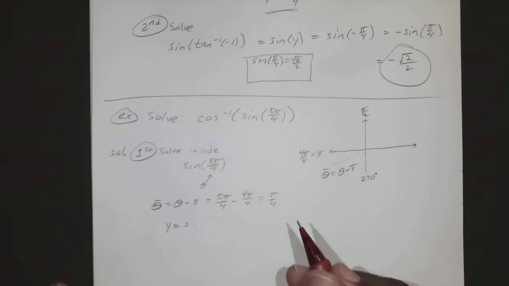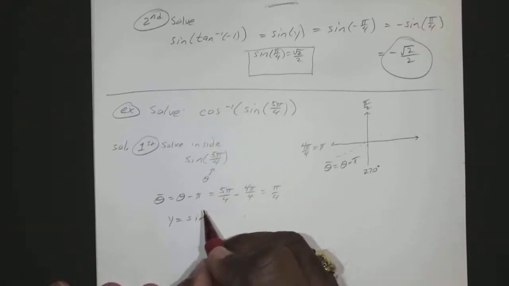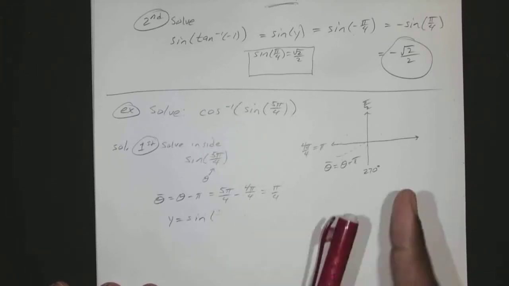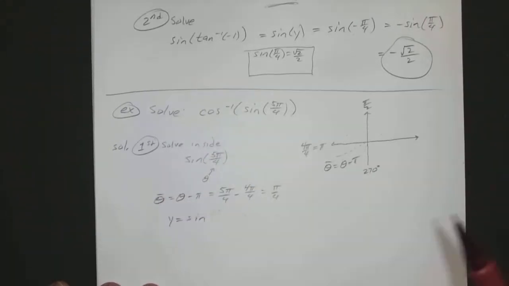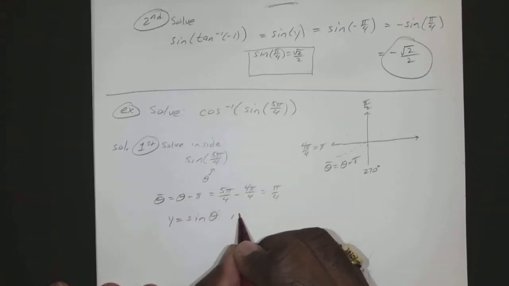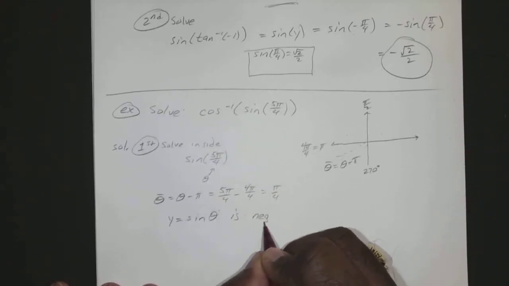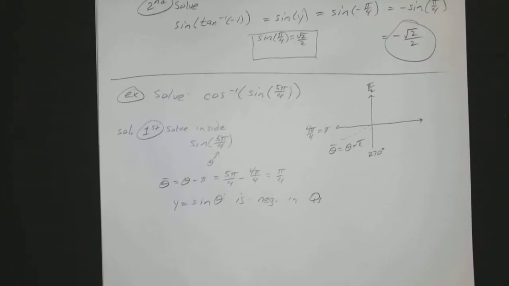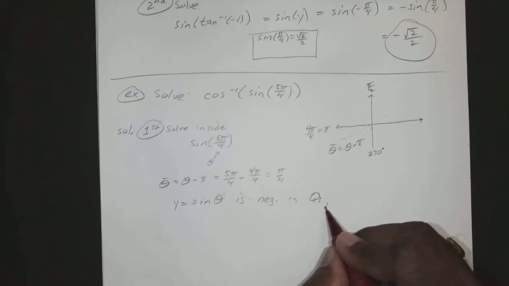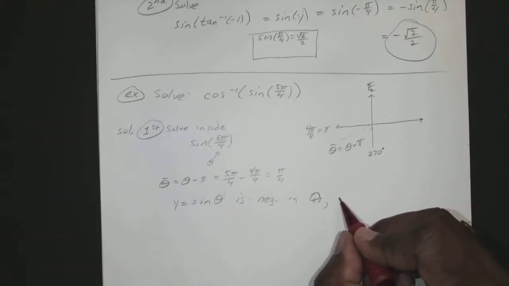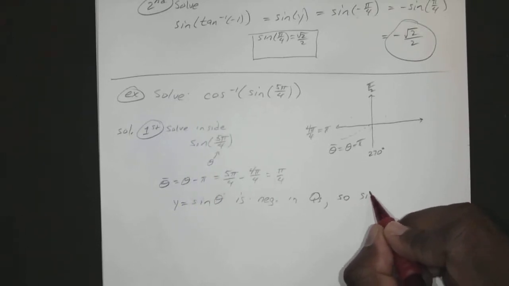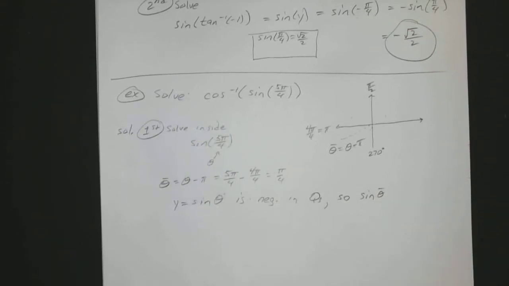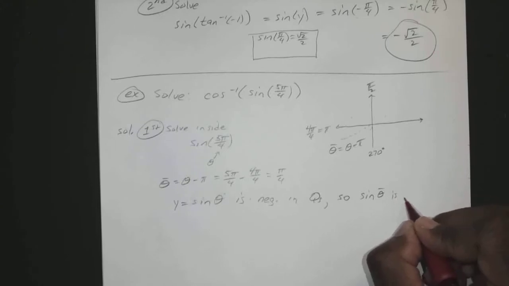Y equals sine of theta. Sine of theta is negative in quadrant 3. So sine of your reference angle is negative.